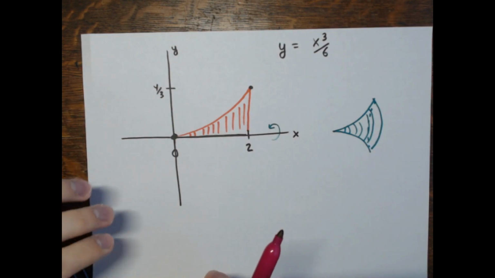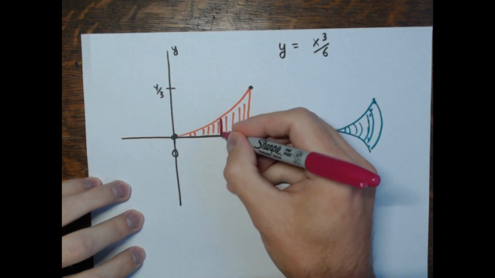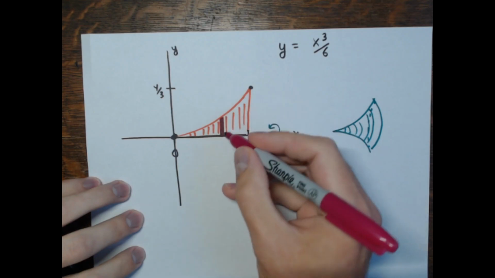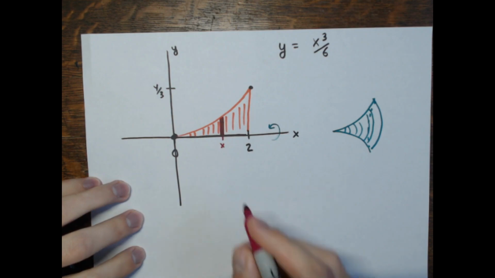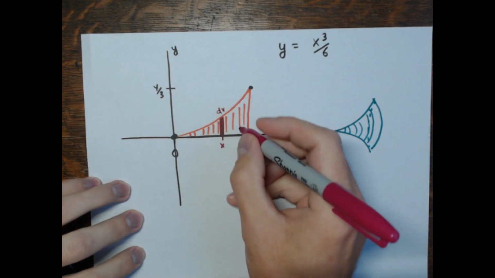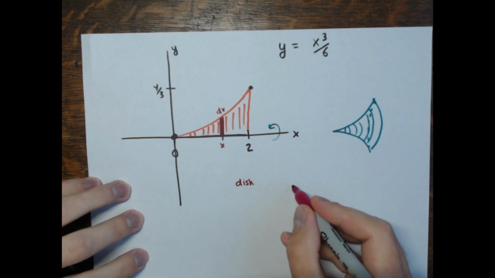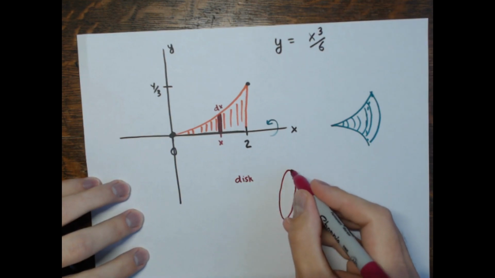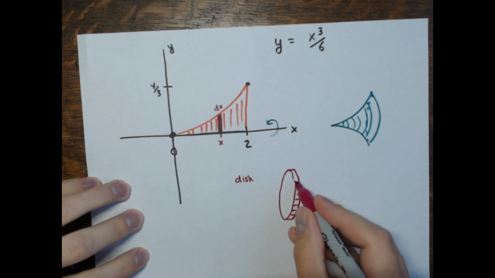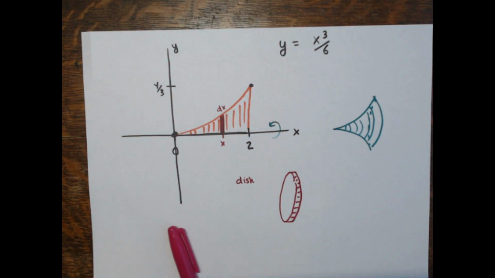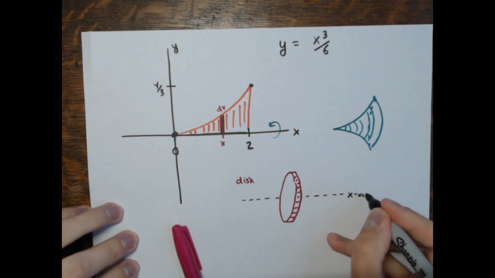So if I'm doing, again, disk method, washer method, you're making a slice perpendicular to the line that you're rotating around. So a vertical slice corresponds to some x value with a thickness of dx. And remember the disk that's created from this would look like this, right? Some vertical thin coin, vertical thin disk, where in the middle here is the x-axis.